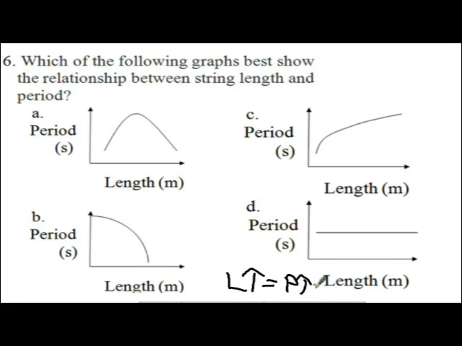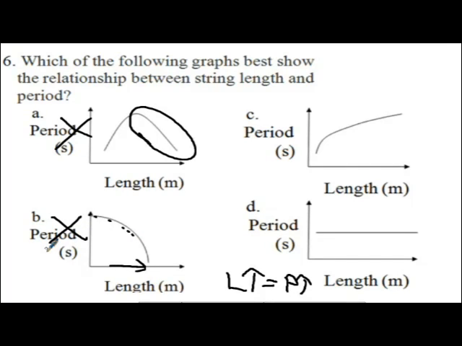Let's try to rule a few of these out. Letter A, we got period on our y-axis, length on our x-axis. Notice how for the second part of the graph, the period decreases as the length is increasing. So right away we could rule out A. B, it looks like the period's actually decreasing as the length is increasing. So we could rule letter B out.